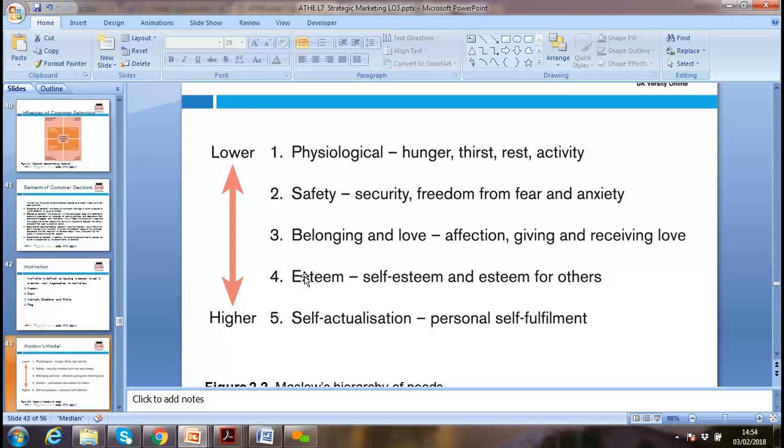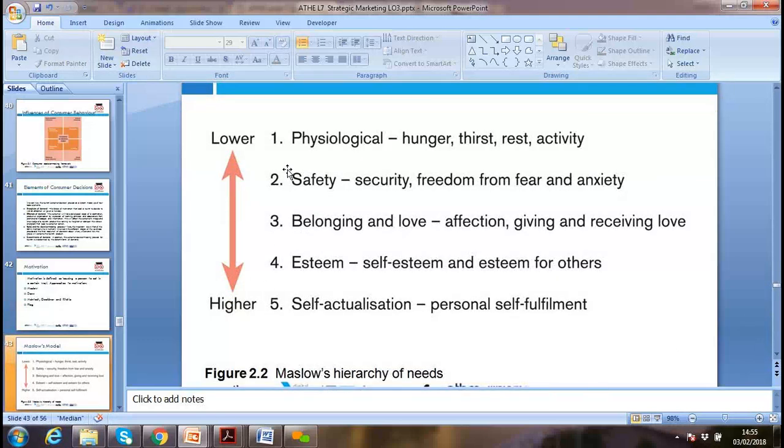If people are hungry, they are not bothered about whether somebody respects them or not; their basic needs should be fulfilled first. But human beings want esteem and self-respect as well. Then, when we have all these four needs met, we can say self-actualization, personal fulfillment. So all their needs are met.